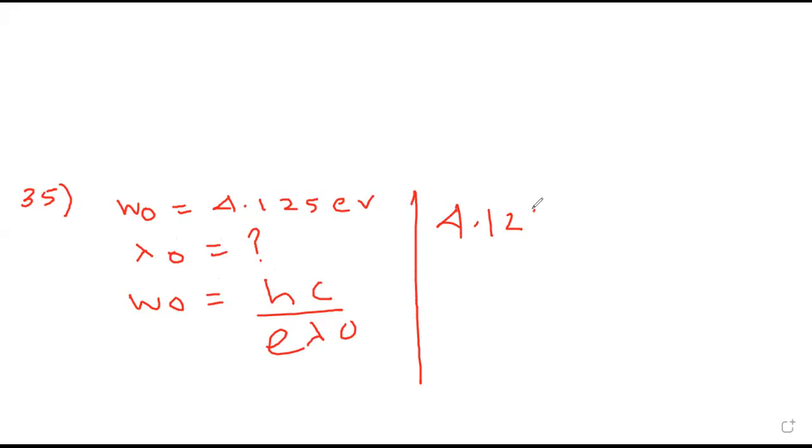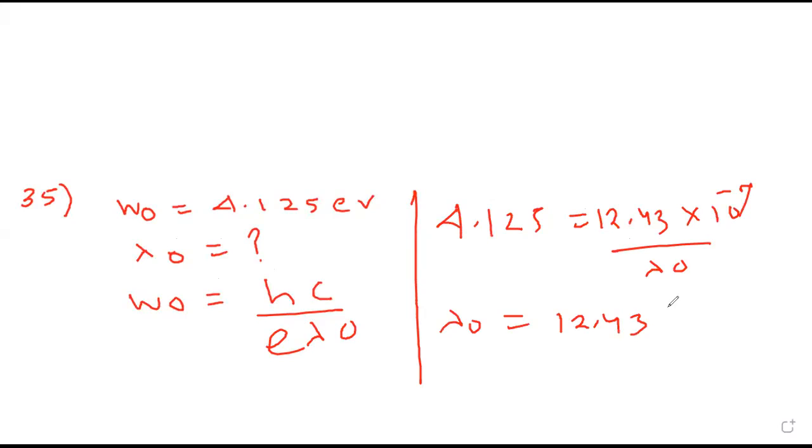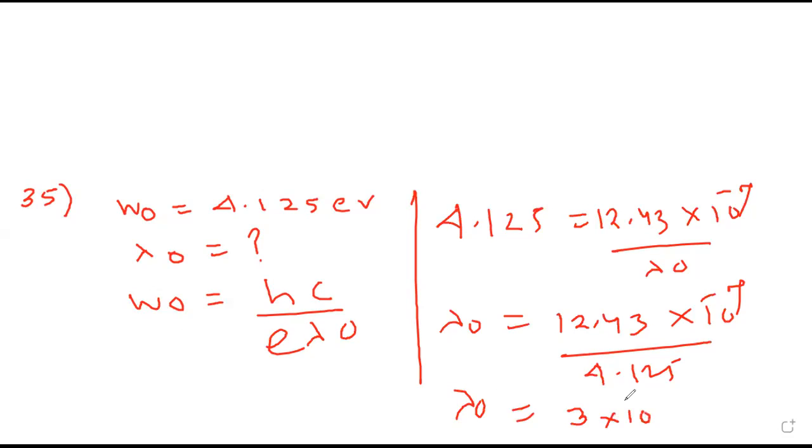So 4.125 equals 12.43 into 10 raised to minus 7 upon lambda 0. So lambda 0 is 12.43 into 10 raised to minus 7 upon 4.125. That is close to 3 into 10 raised to minus 7 meter, or close to 3000 angstrom. Close to that. Yes, option B.